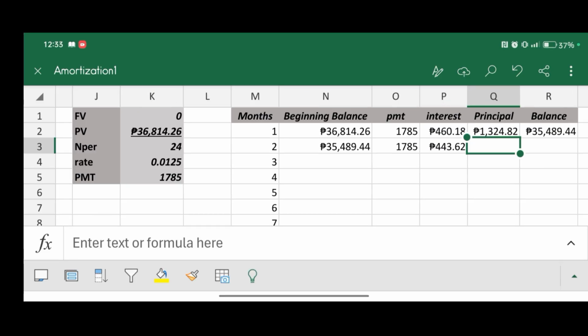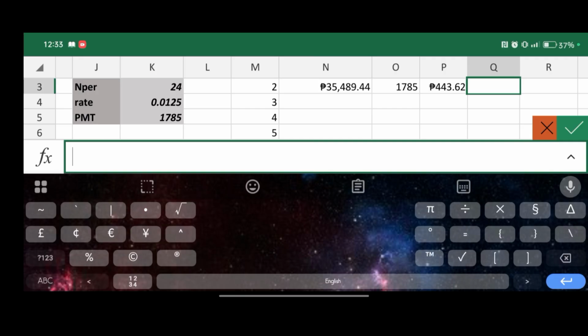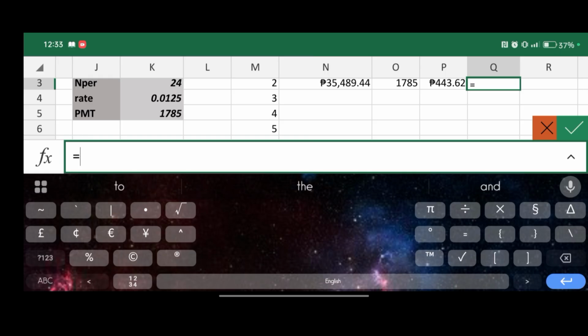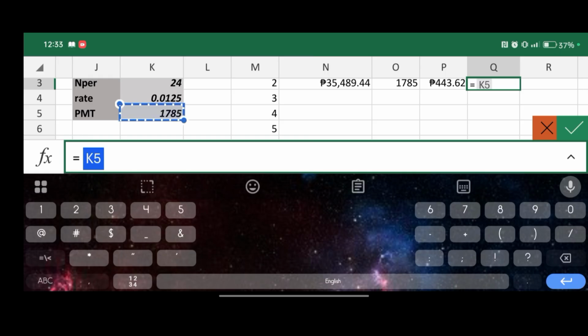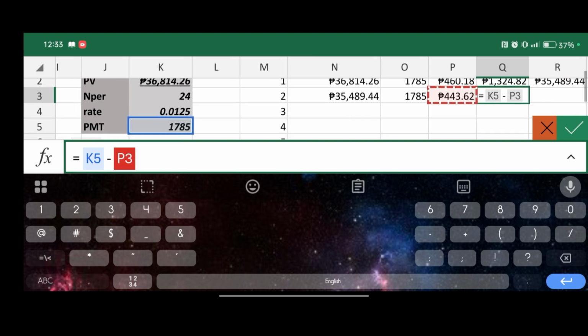For the principal, we get this by equal sign, PMT minus the interest. The constant one here is the PMT, so we put a dollar sign before and after the column letter.